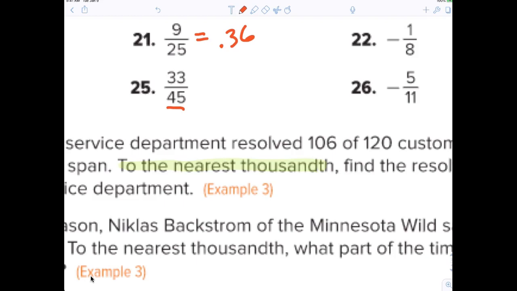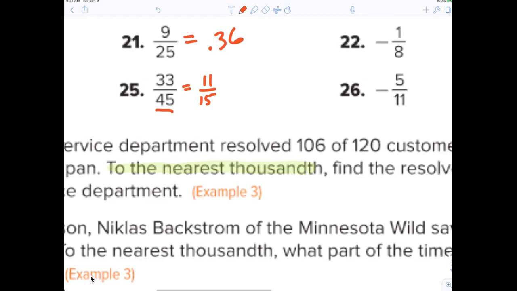So this is the same as 11 over what? 15. And now it's just easier to do the division. Yeah, but how does that make it easier? Now, reduce it. Reducing a fraction makes it easier.